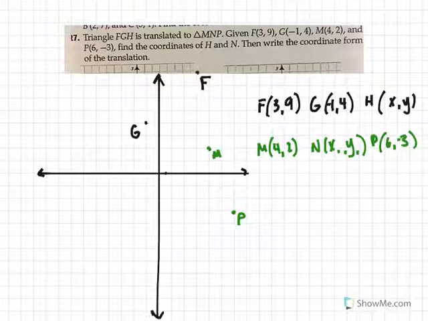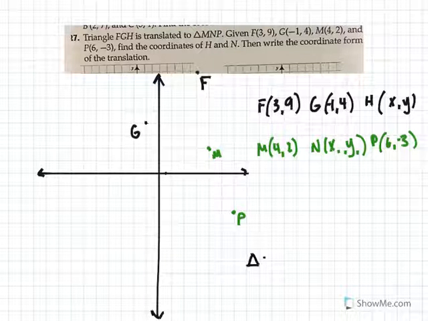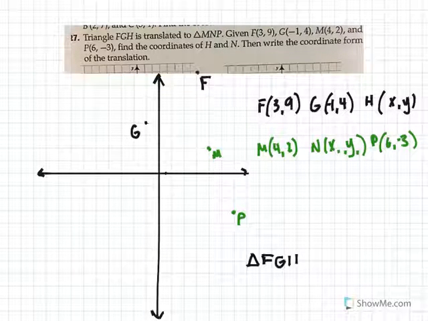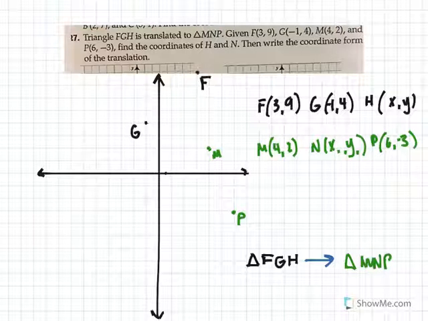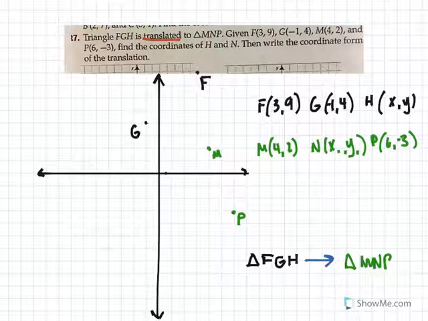So number 27, it says, triangle FGH is translated to triangle MNP. Okay, so we start with triangle FGH, that's our original, and we're translating it, or we're moving it across the coordinate plane to become triangle MNP.